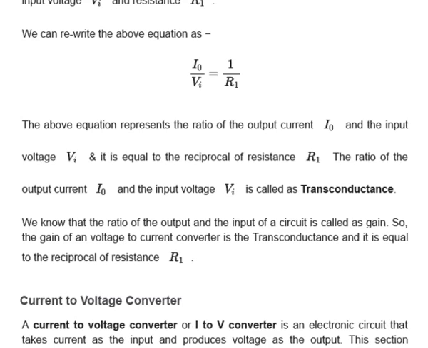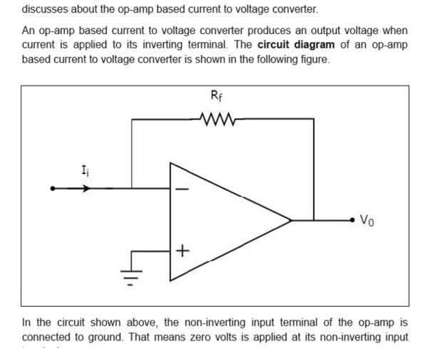In this section, we will discuss the OPAMP based current to voltage converter. An OPAMP based current to voltage converter produces an output voltage when current is applied to its inverting terminal. Here the circuit diagram is shown below.